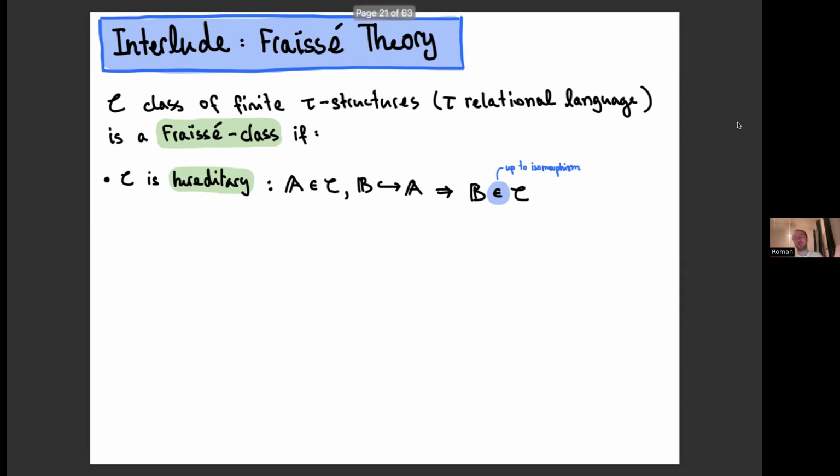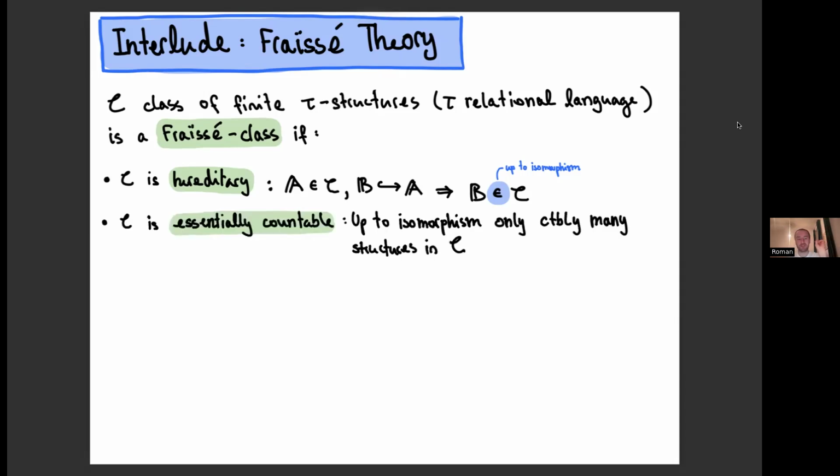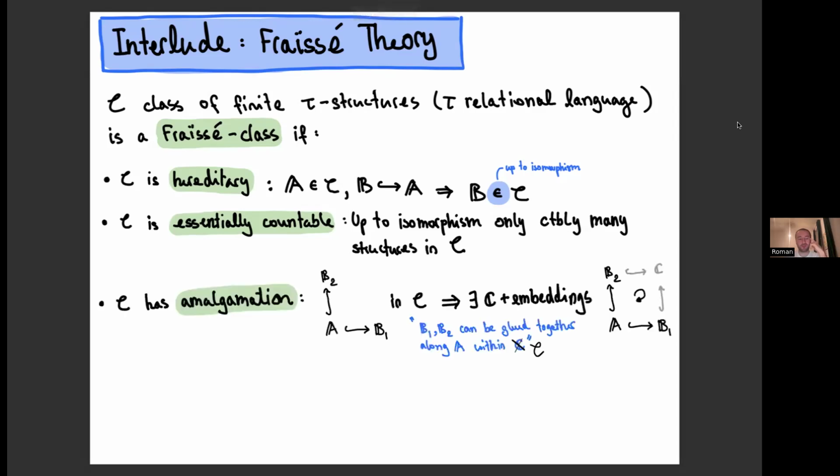You could view this as the class C being closed under substructures. Next, we ask C to be essentially countable, which just means that up to isomorphism there are only countably many structures in C. The third and most important property is the so-called amalgamation property.